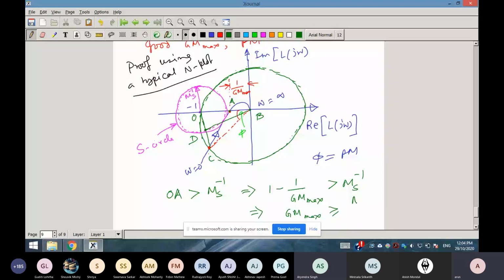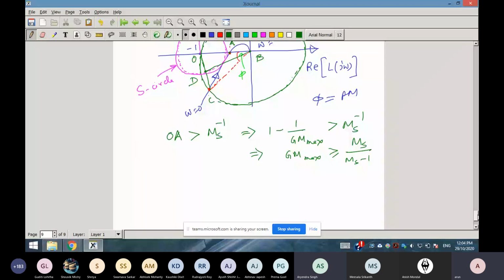Okay, and from the triangle OBC, from the triangle OBC, OC is greater than or equal to your MS inverse.